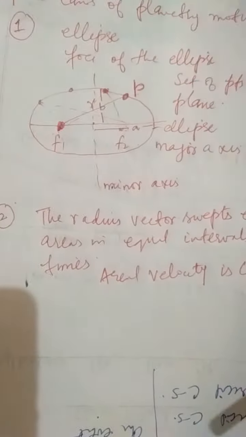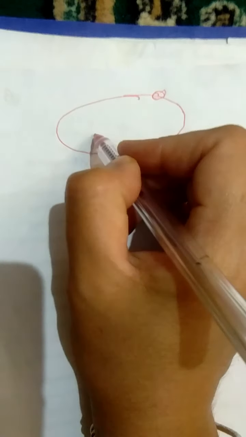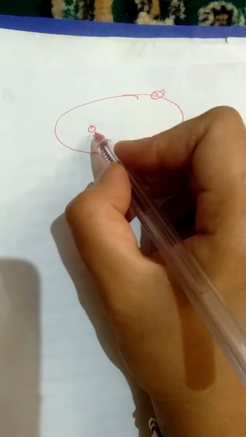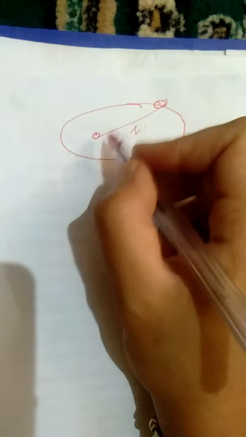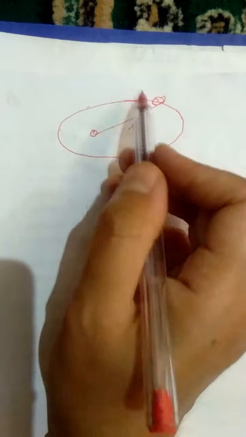Now, to understand that, let us draw the diagram again. So, here we have the ellipse. This is the planet which is moving around the sun in an ellipse, right? What does the second law state? That this radius vector is sweeping equal areas in equal intervals of time. That is, between any two positions and any two subsequent positions, it draws equal area provided the time is the same.